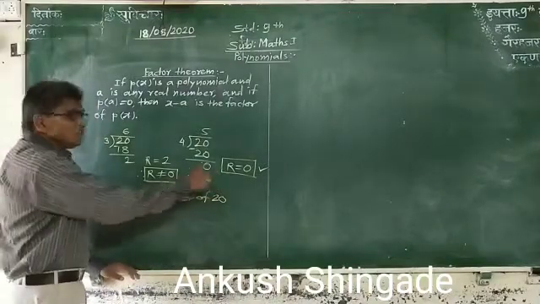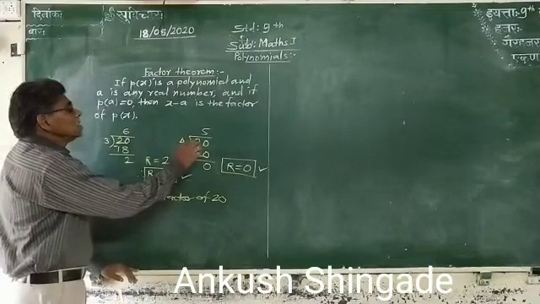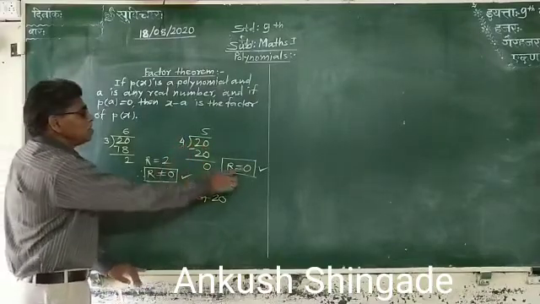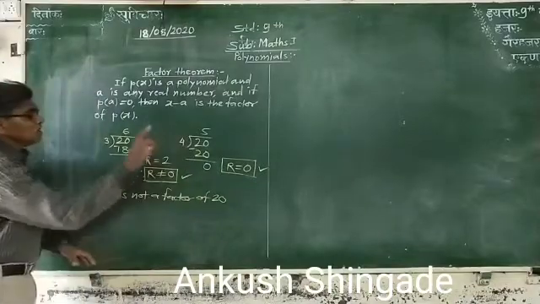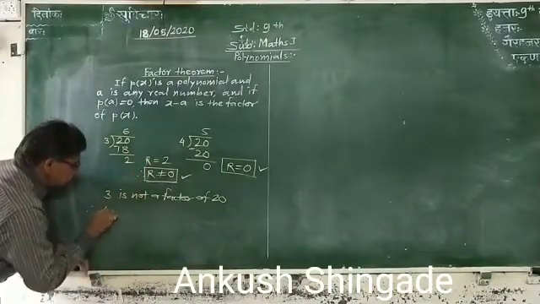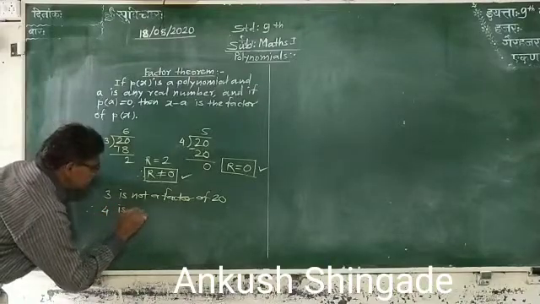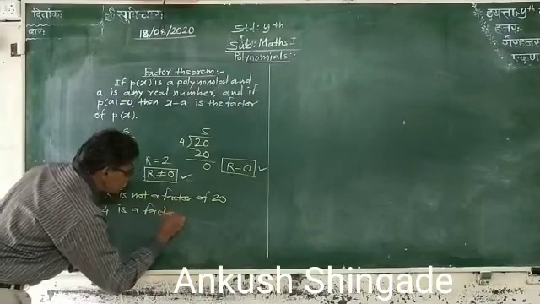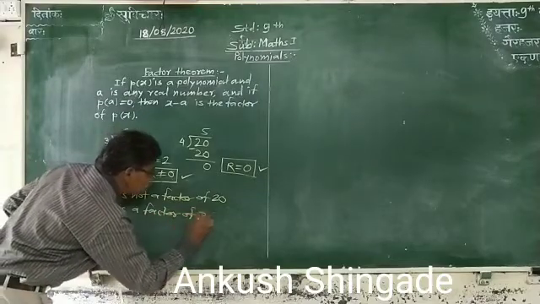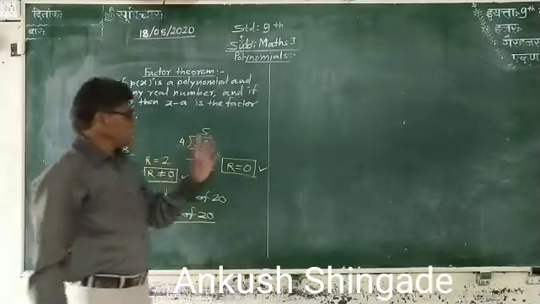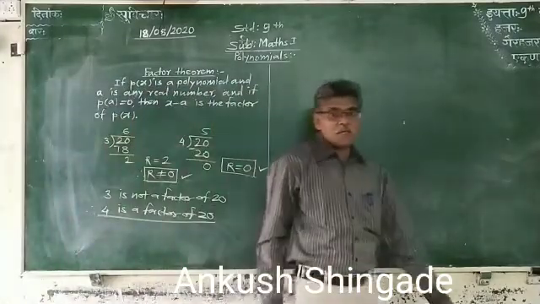But if we divide 20 by 4 and get remainder 0, then we say that 4, that is the divisor, is a factor of 20. Here 4 is a factor of 20.